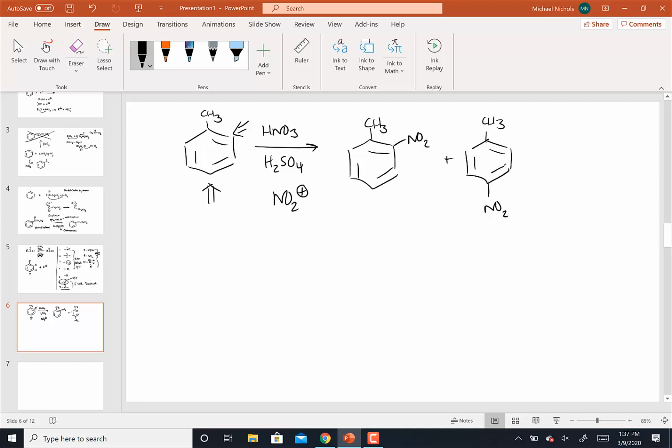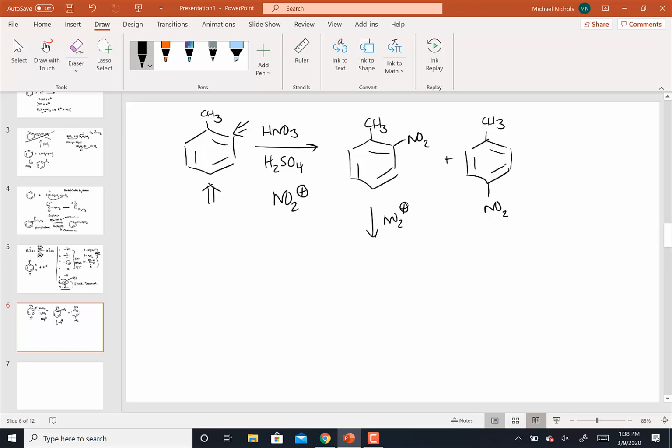And that is that when you have more than one group on the ring, let's take the ortho nitro and add another NO2 plus to that ring, to the ortho-nitrotoluene. Where's the nitro group going to go?